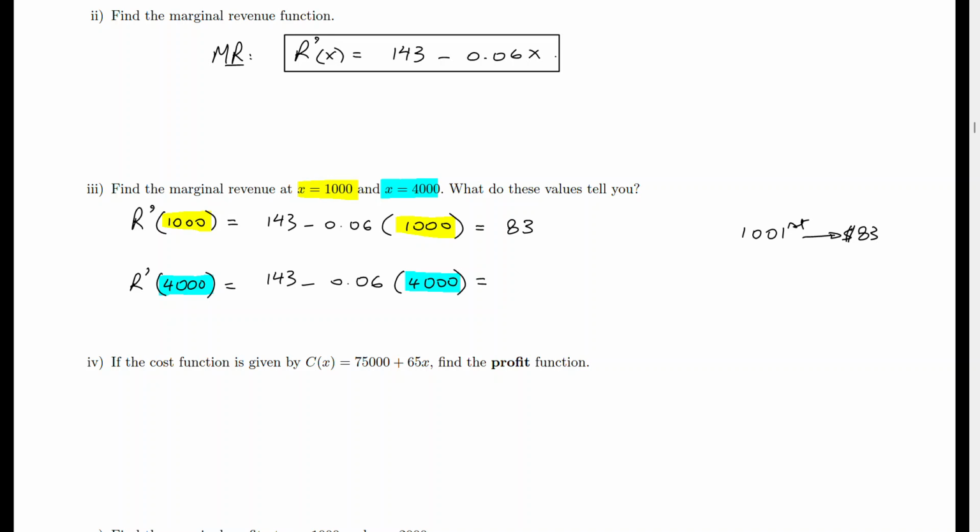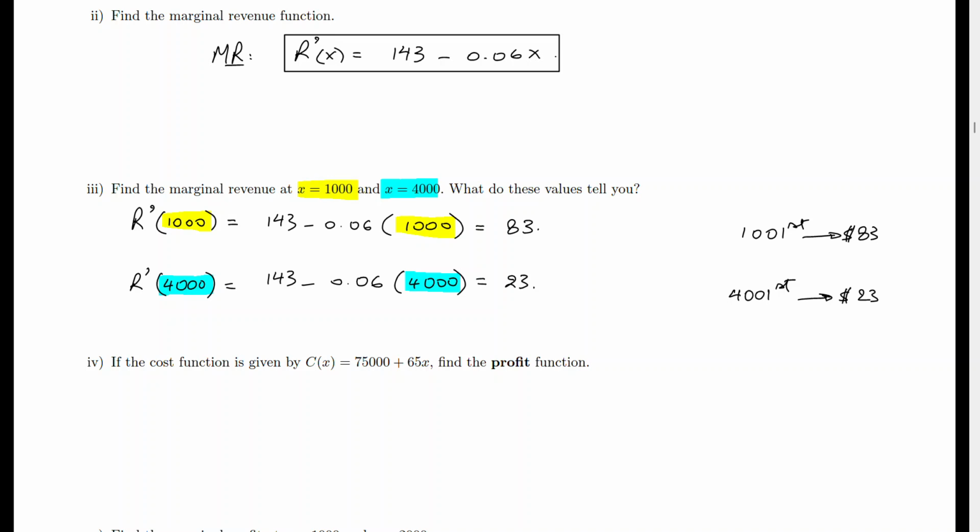If I do 143 minus 0.06 times 4,000, the answer will be 23. So what does this mean? This means that the revenue from selling the 4,001st speaker is going to be 23, and the unit is dollars. That's the revenue from selling the 4,001st speaker, whereas the first number was the revenue from selling the 1,001st speaker.